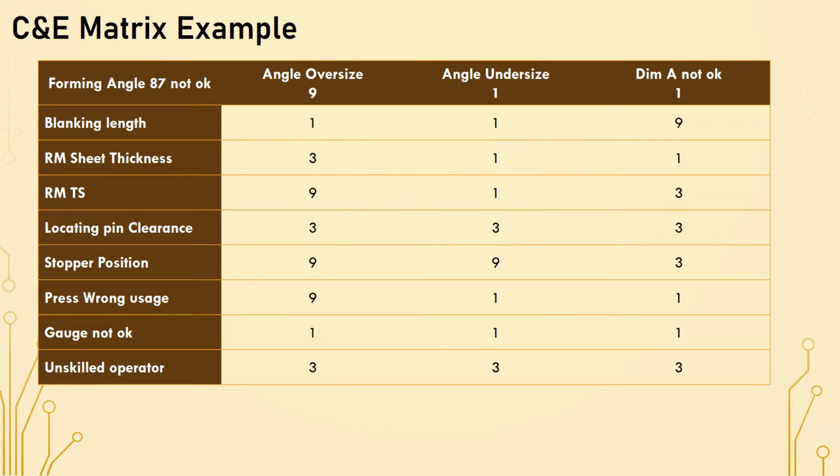Here, as we saw in the previous slide, high impact is given as 9, moderate as 3, and 1 is low impact. Our aim is only to reduce the ppm of angle. Based on our data, we have non-conformance data.